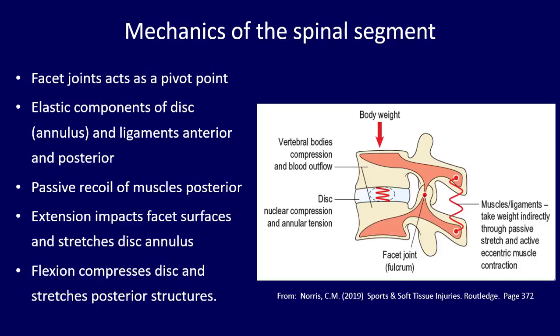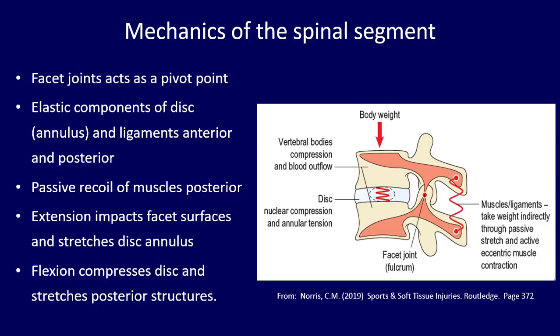As we move into flexion, the posterior structures, the ligaments and the muscles on the spine, will be placed on stretch. Those closer to the fulcrum will stretch less than those further away. So the facet joint capsule and the ligamentum flavum, which is formed from it, will stretch less than the interspinous and supraspinous ligaments.